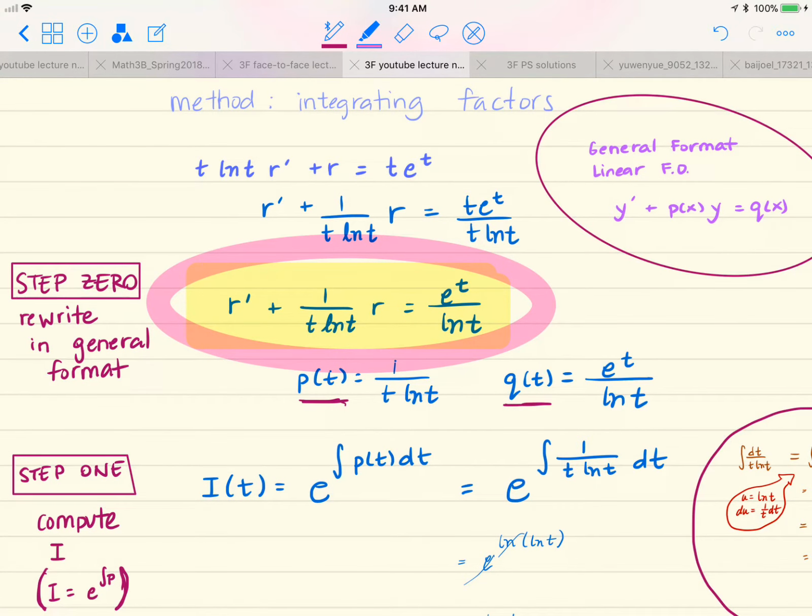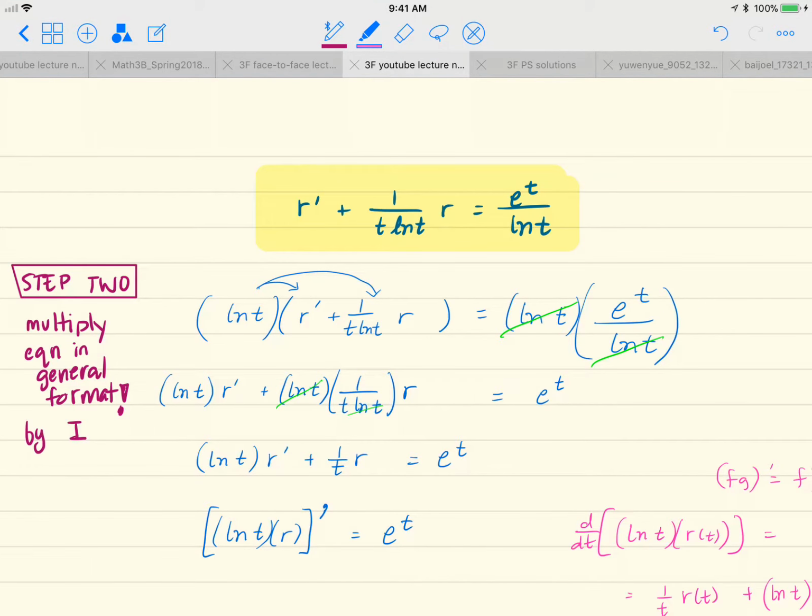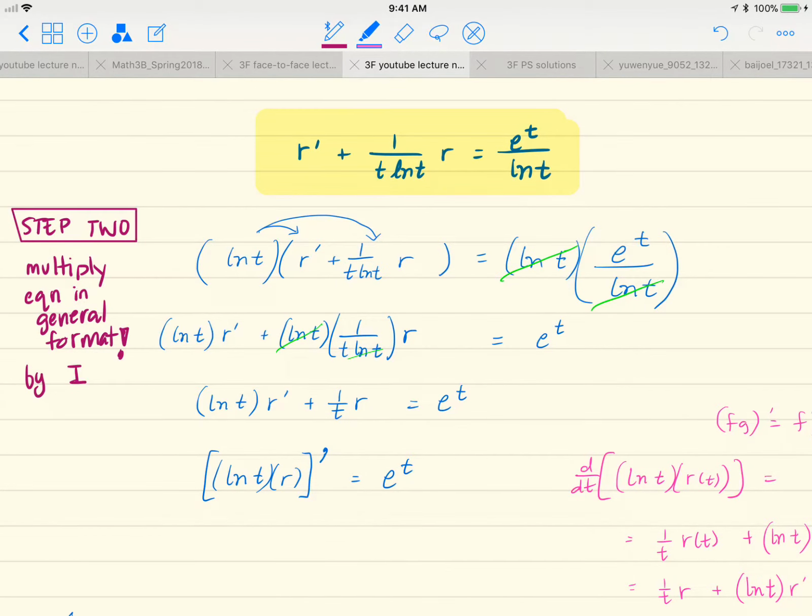You want to work with the equation in general format.